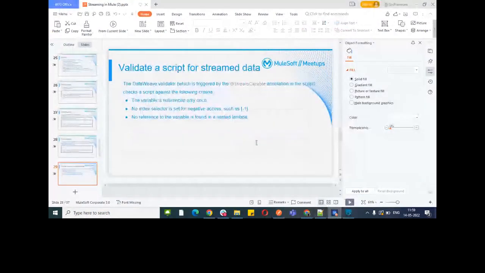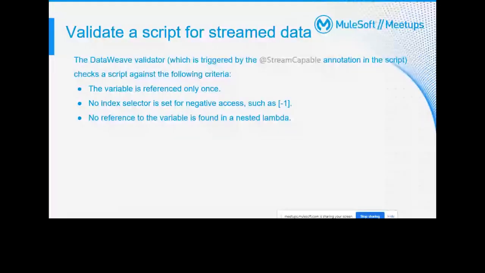Then, validating a script for stream data. The DataWeave validator, which is triggered by the stream capable annotation in the script, checks a script against the following criteria. The variable is referenced only once, no index selector is set for negative access, and no reference to the variable is found in a nested lambda.